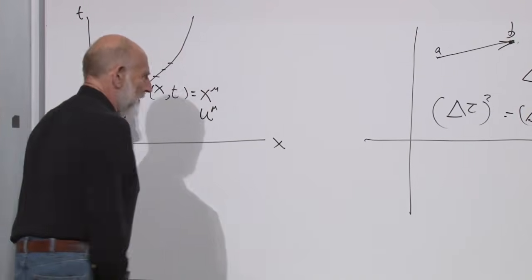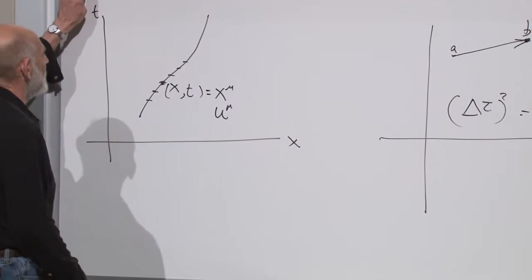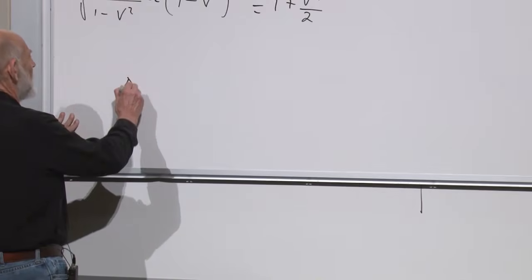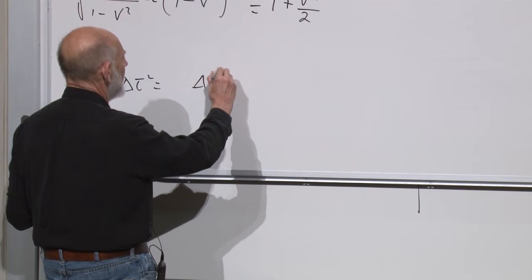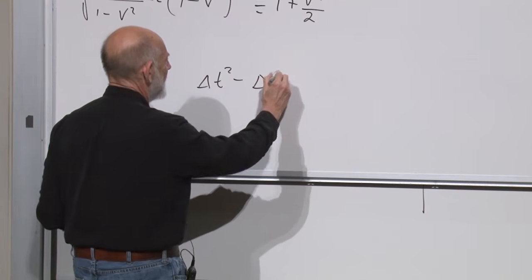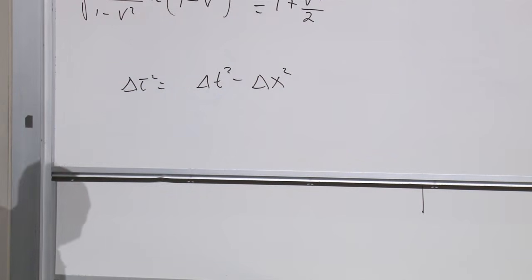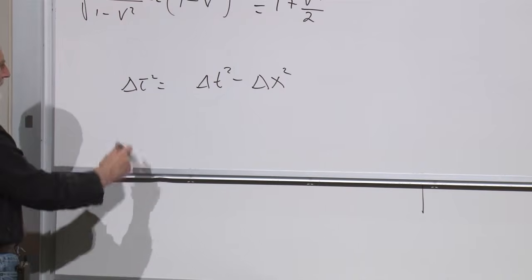Let's go through a very simple version of it. Delta tau squared is equal to delta t squared minus delta x squared. Boy, did I make a mess over there. Let's just divide both sides by delta tau squared.